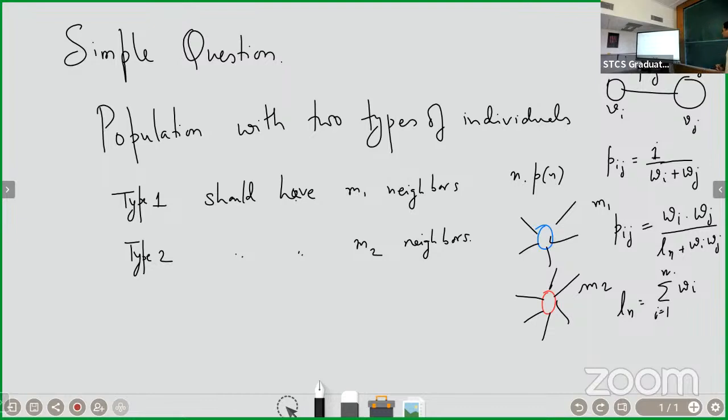But think about what it even means. The definition is clear. Just taking the product and normalizing it. That's all I said.